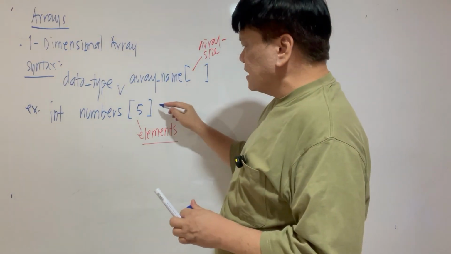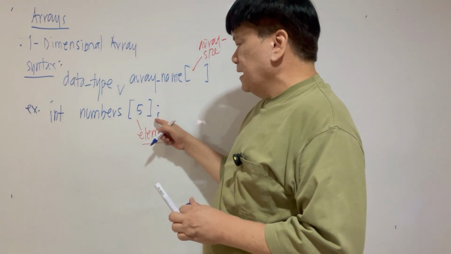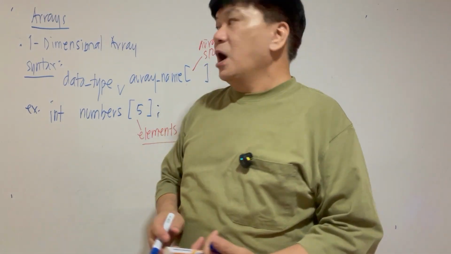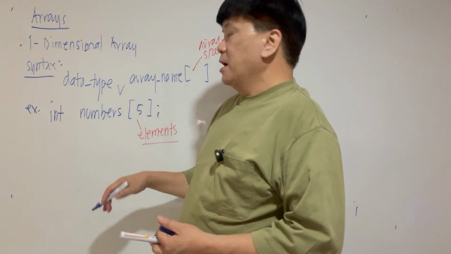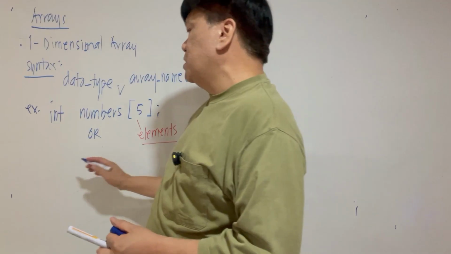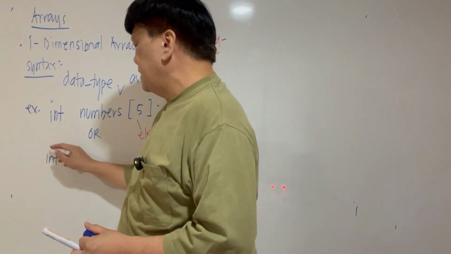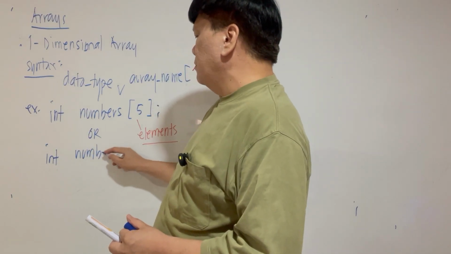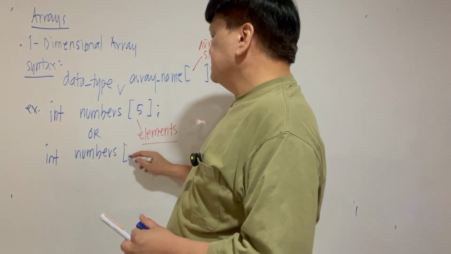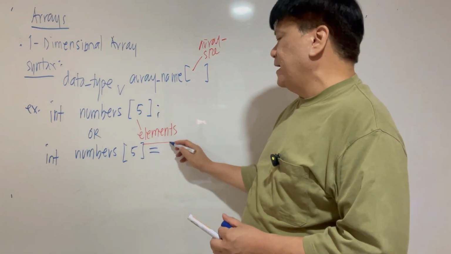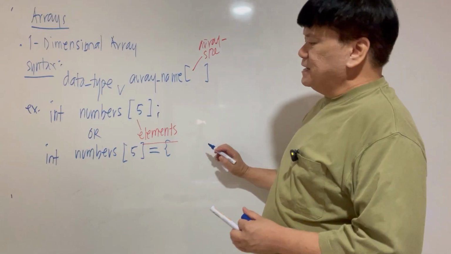Now, you can actually do this in the declaration of your array, or if you're going to initialize values for your array, you can have integer, for example, data type, then the array name, numbers, then the size, meaning 5 elements, equal sign, and then the curly braces.